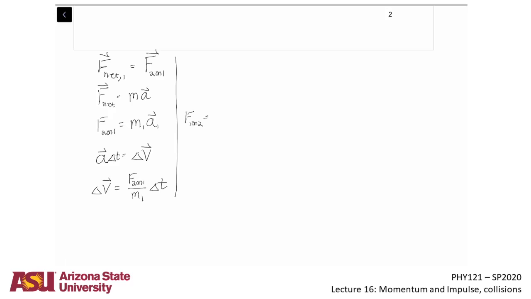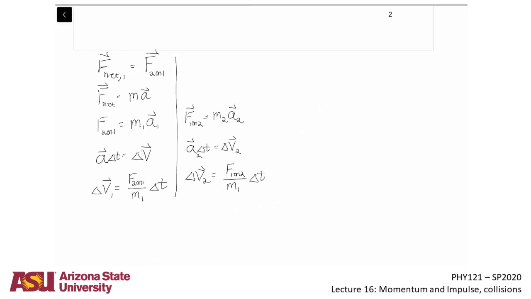F1 on 2 is equal to m2 a2. These are vector quantities. And then using again a delta t is equal to delta v, where this is v2 and this is v1, we get delta v2 is equal to F1 on 2 over m2 delta t.